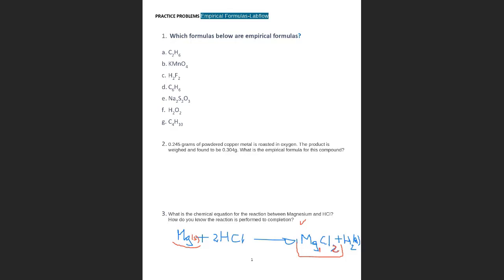This is one sign. The second sign, this is hydrogen gas, which means you are going to observe bubbles of hydrogen. So you have to wait until no more bubbles are formed. So this is the second indication that the reaction went to completion. Any question?